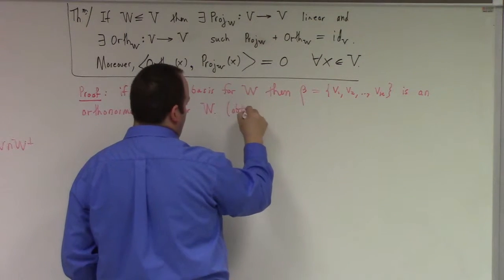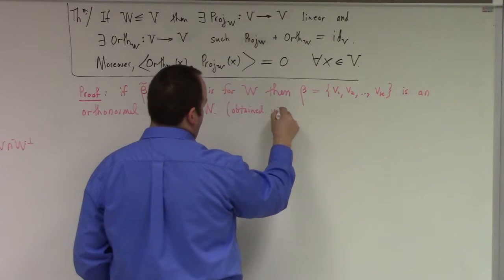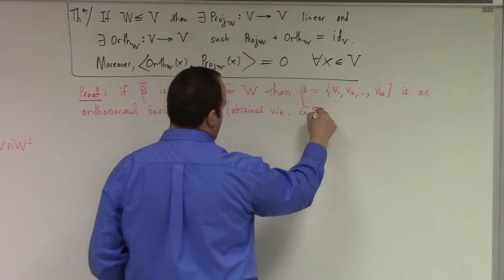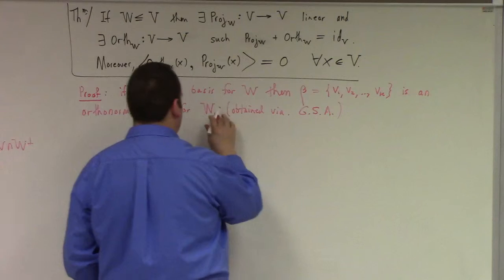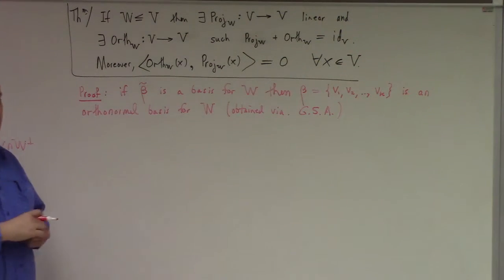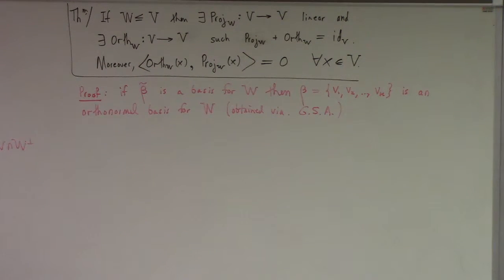Obtained by how? The Gram-Schmidt algorithm, right? You can obtain it by the Gram-Schmidt algorithm. So we can construct an orthonormal basis for W, right?